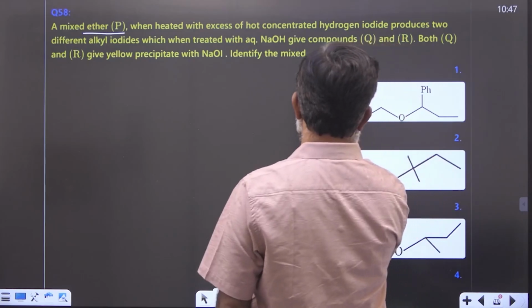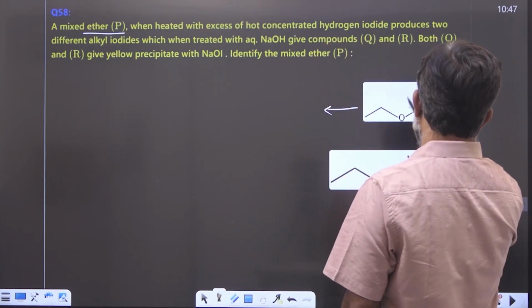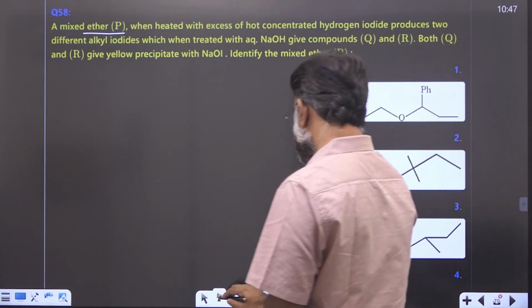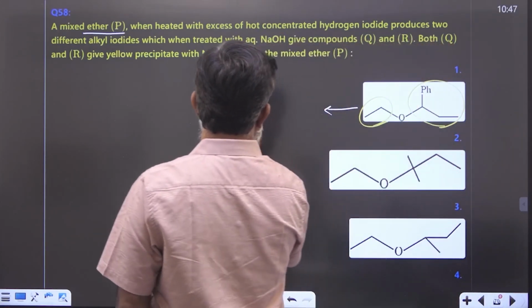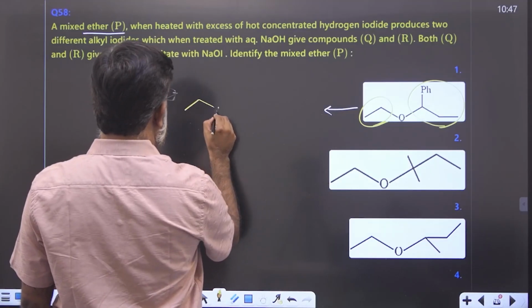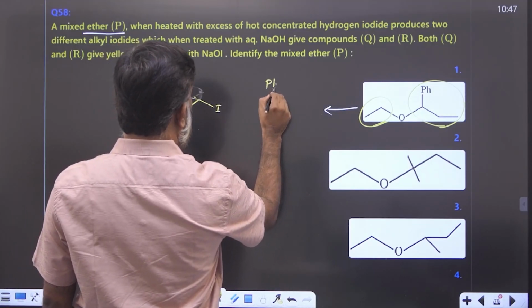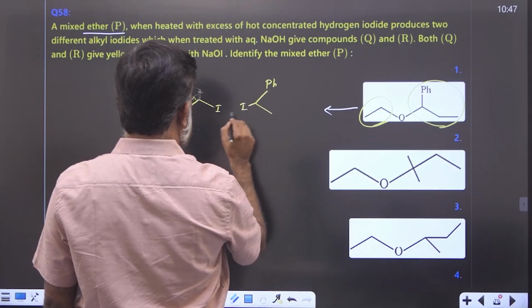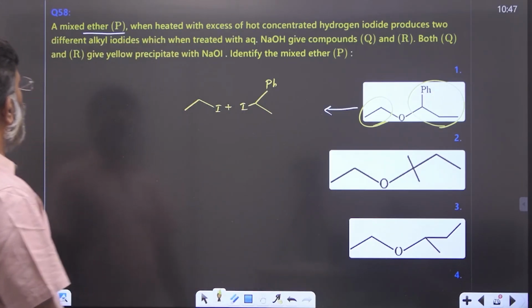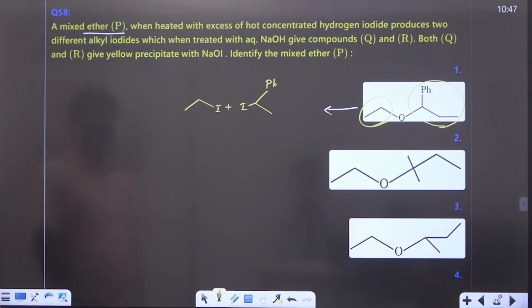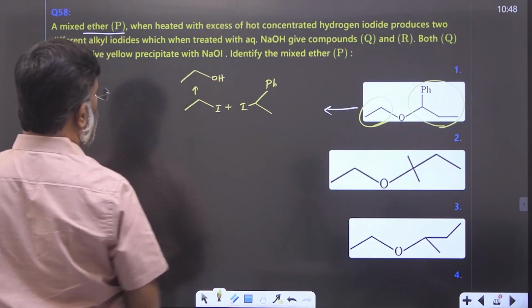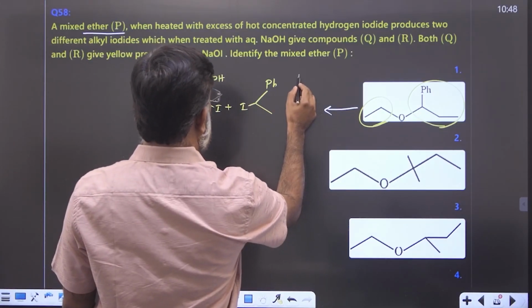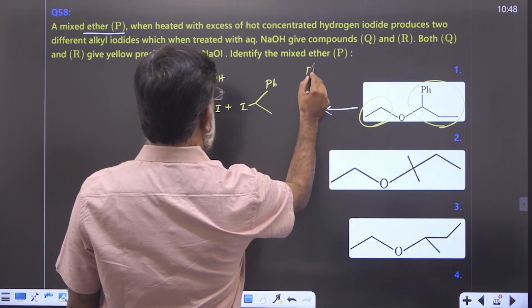Suppose we take option A: the alkyl iodides obtained are this and this. When treated with NaOH giving compounds Q and R, this will be converted to this and this will be converted to this.